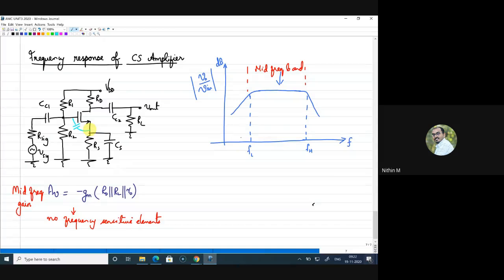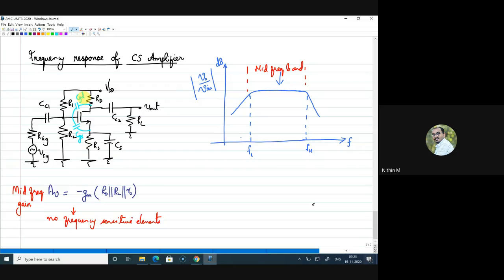Similarly, between the gate and drain, you have the other capacitor, which is CGD. All right. So you have CGS and CGD, and these are the high frequency capacitors I need to include here.